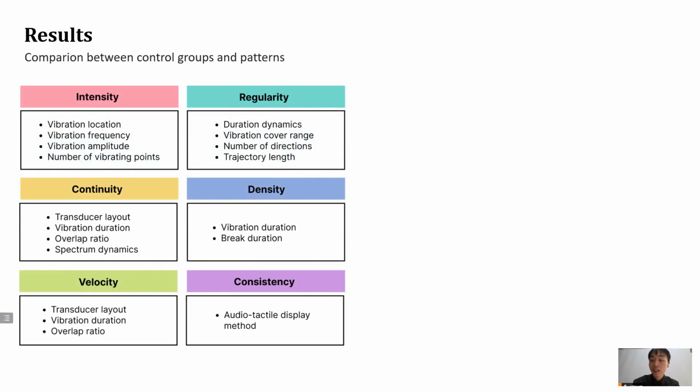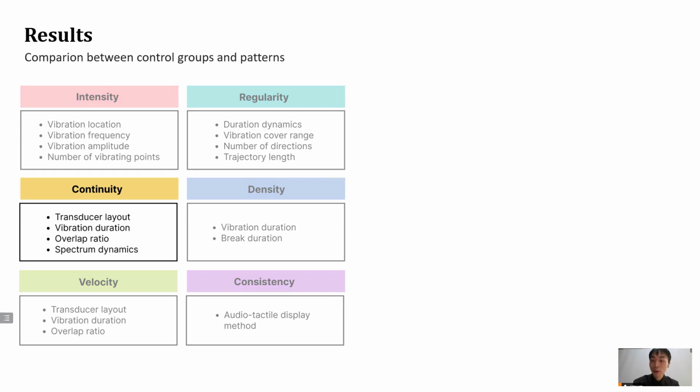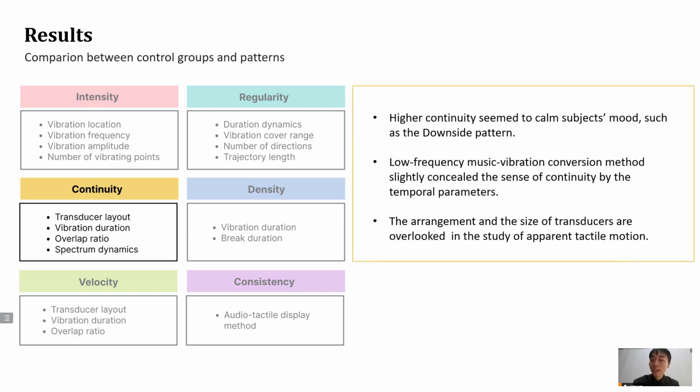In addition to this, we suggest an experience model consisting of 6 user experience components that were extracted from the user interviews. These factors give us a more intuitive description of physical sensations and inner feelings. For example, take the description related to continuity.